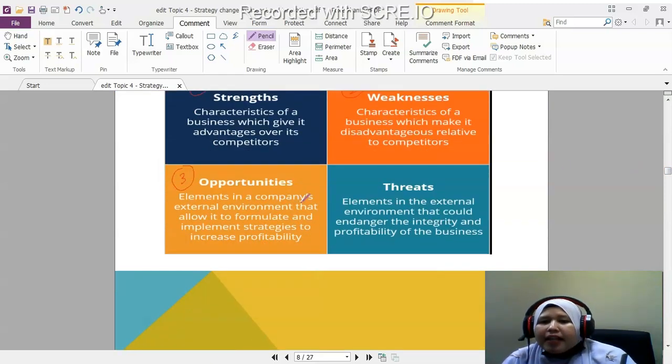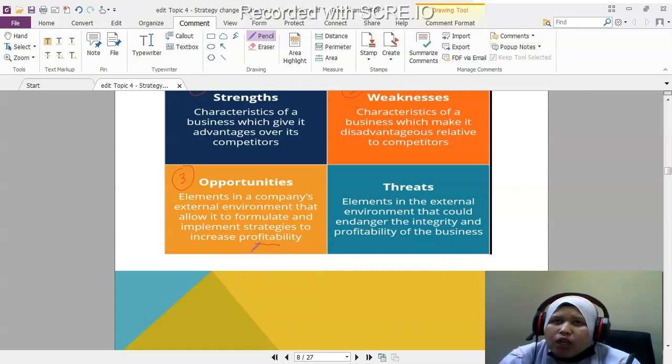Opportunities are elements in a company's external environment that allow it to formulate and implement strategies to increase profitability. What is your opportunity, or what is your option?